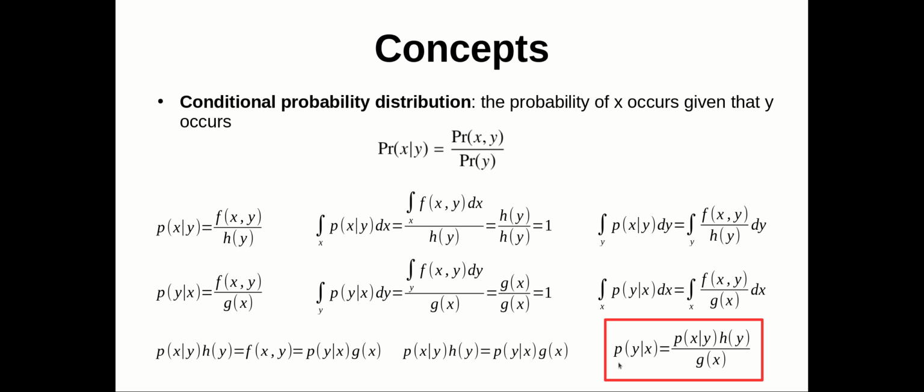On the left-hand side, p(y|x) is called the posterior distribution of y. Why do we have these different names for these probability distributions? We'll talk about that when we discuss the Bayesian theorem in the next video.